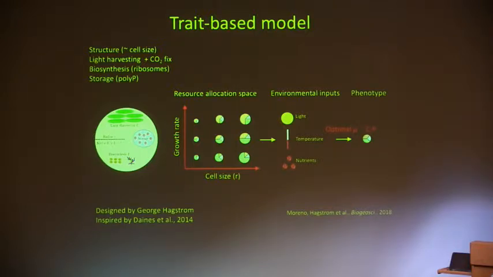Over different growth rates and different cell sizes, we predict different allocations to these components. We have certain environmental inputs, and then we look for the optimal growth rate at each environmental condition, and that gives us the predicted C to P under those particular environmental inputs.